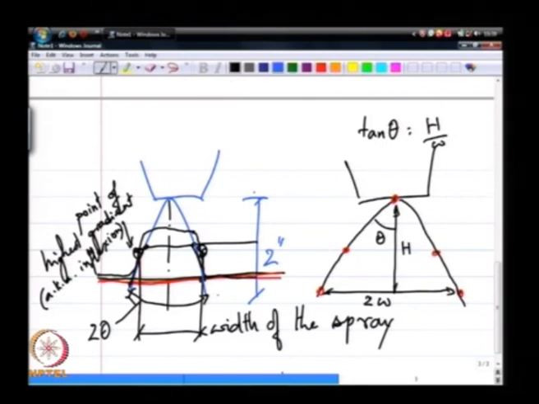And then the last technique that you can use to measure spray cone angle is what is called a patternation process.